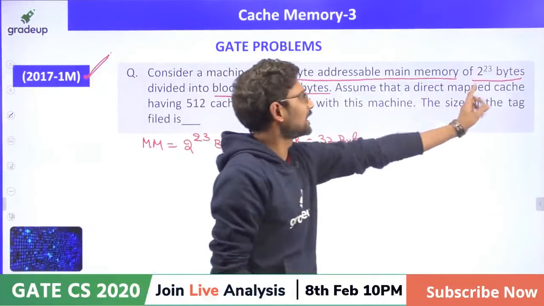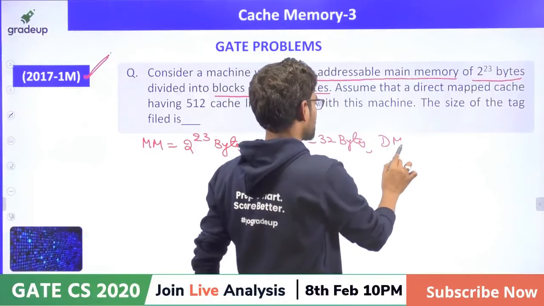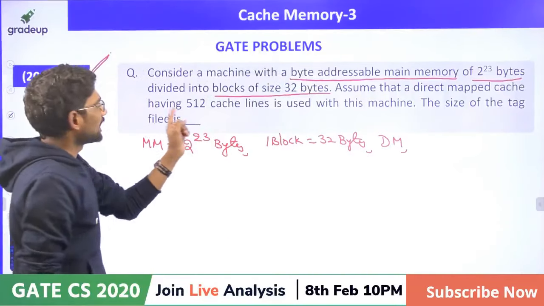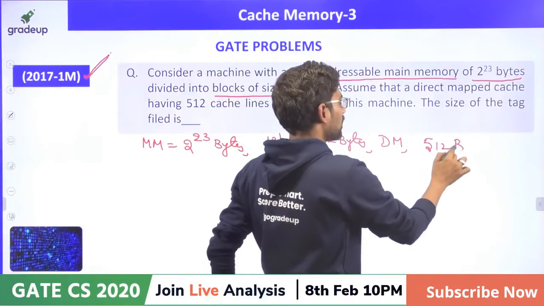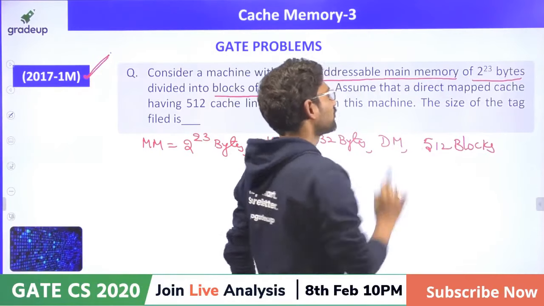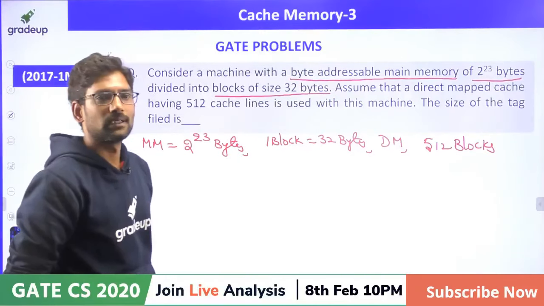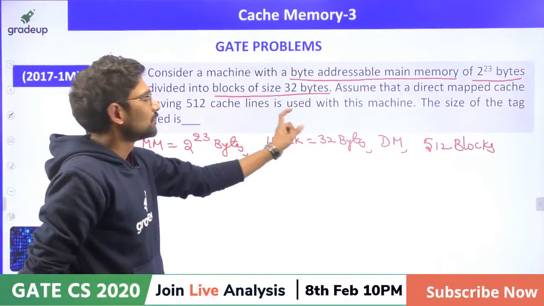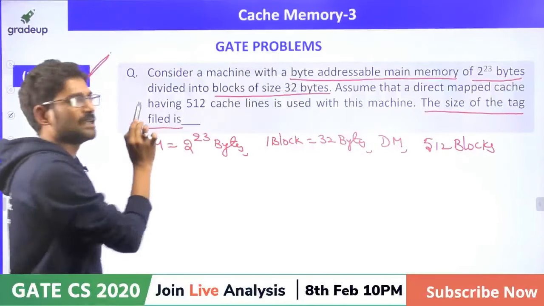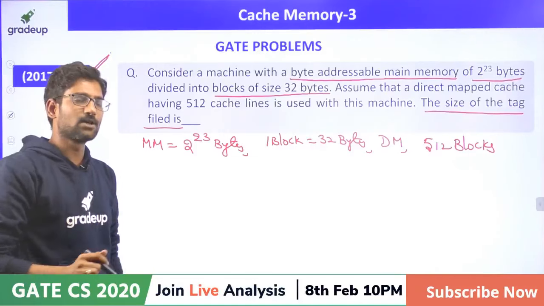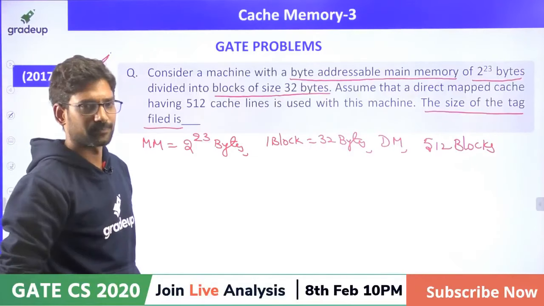And it is a direct mapped cache having 512 lines. So how many blocks are there in the cache memory? 512. Then the size of the tag field is, he is asking only how much the tag length is.